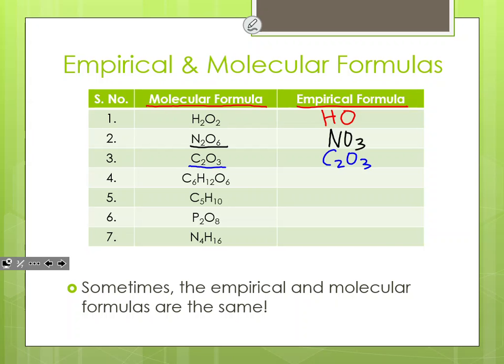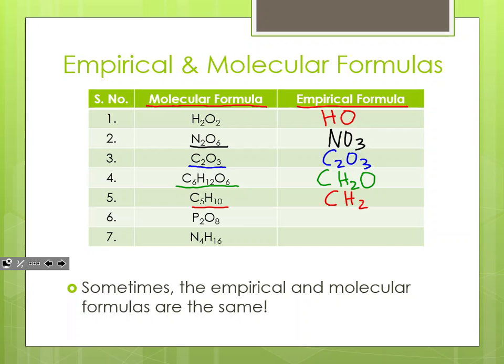Does anybody recognize number 4? It is glucose from biology. What's the common factor between them? A 6. So if we divide them all by 6, that's going to give us CH2O, right? And number 5, what's the common factor there? 5, so this one's going to be CH2.